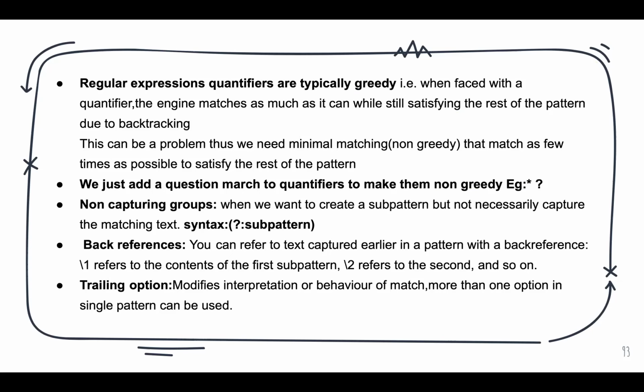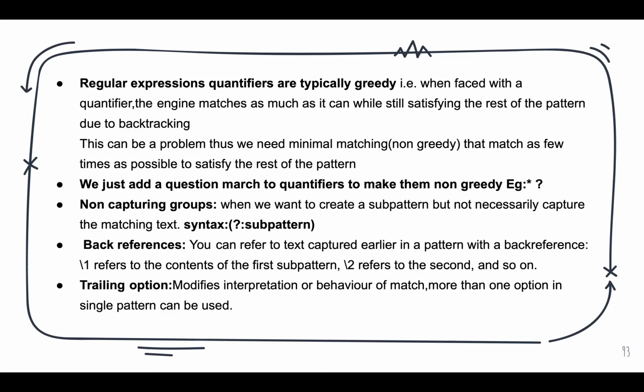Generally, regular expressions are typically very greedy in nature, because when we specify something, the engine matches as much as it can while it still satisfies the rest of the pattern, due to backtracking. Sometimes the specific nature of the regular expression is lost and it keeps on backtracking.